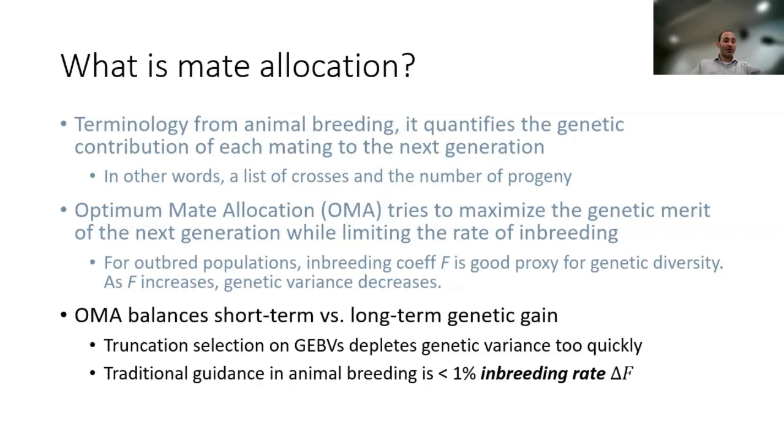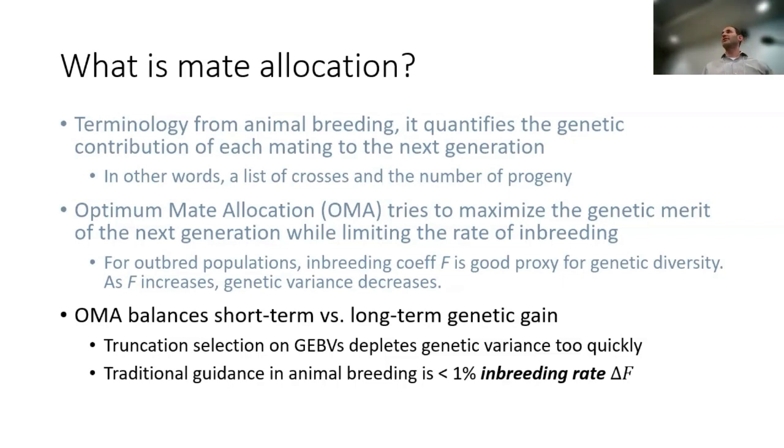So in particular, when I started using genomic selection, my naive idea was I would just do a ranked list of my clones, draw a 10% line, and then just start mating them. And again, you'll just find you deplete genetic variance too quickly if you do that for any length of time. So in animal breeding, who've been doing this for many decades, even before genomic selection, they had to worry about this with their pedigree-based BLUP methods.